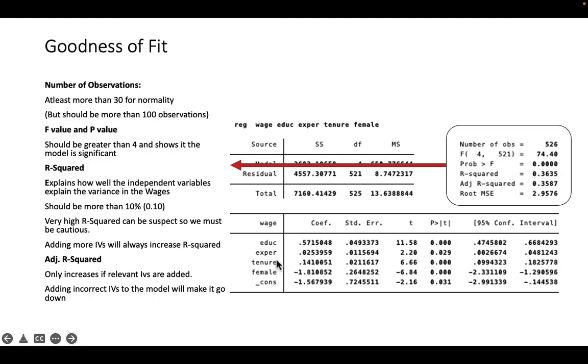To resolve this problem, there is another R square called the adjusted R square. Now the thing with the adjusted R square is that if you put a bad variable into your model, the R square will go up, but the adjusted R square will actually penalize you and start going down. So ideally, with your regressions, your R square and adjusted R square should be close to each other.